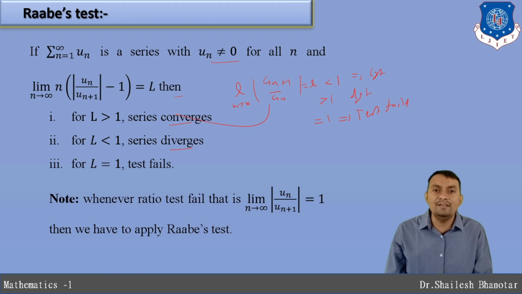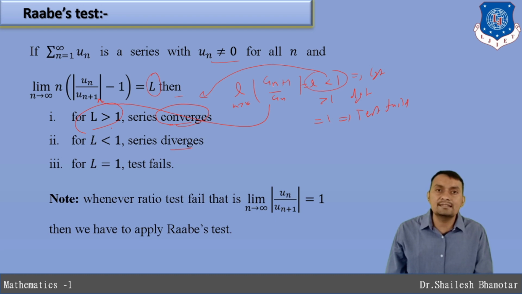But this is when we take the reciprocal of this quantity, so it will be un divided by un plus 1 minus 1, and then we multiply by n. And whenever you simplify, if you get L greater than 1, then the series will be convergent. It is different: here L is greater than, there L is less than.